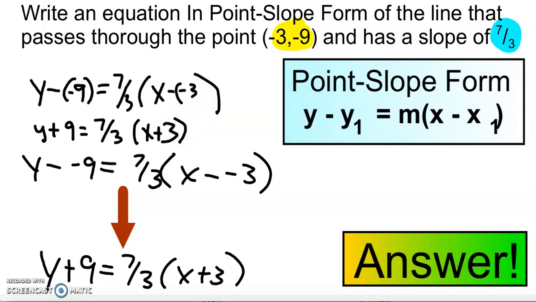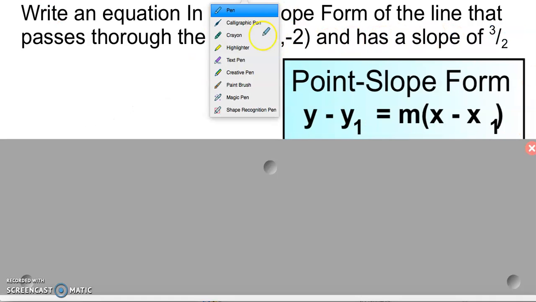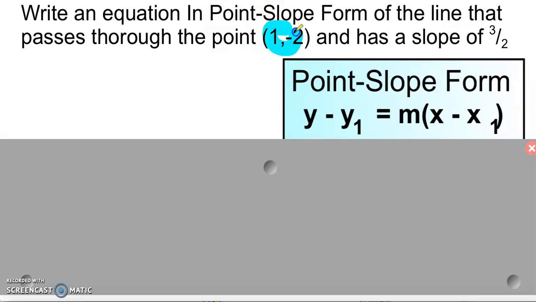We'll do one final problem, and then we'll call it good. So again, the point goes through 1, negative 2. And my slope is 3/2. So we're going to mix up the colors here a little bit. Getting wild and crazy here. So this becomes y minus, and again, my y here is negative 2.